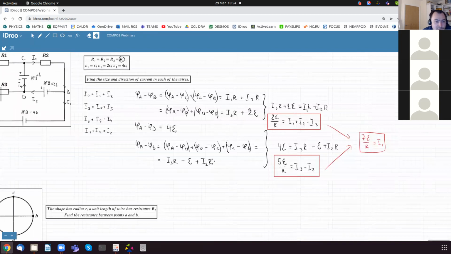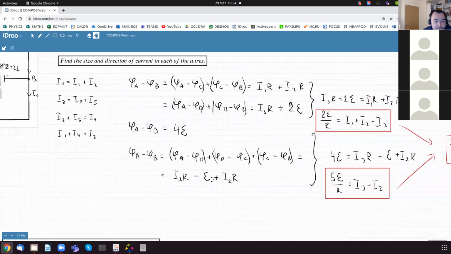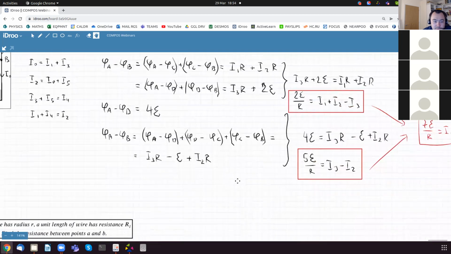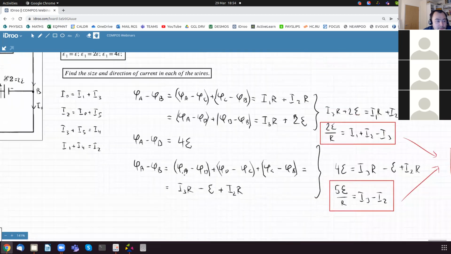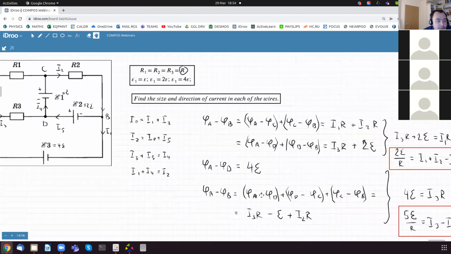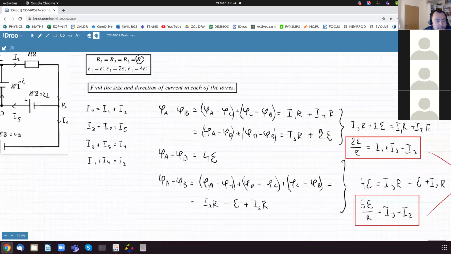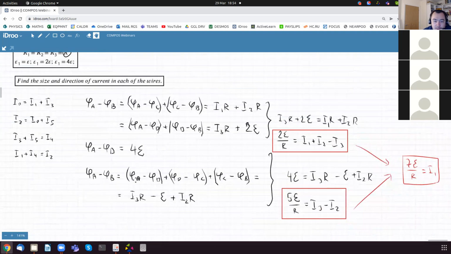Now I can choose, okay, so I found I1. So what can I do now? We just need to find an equation which contains I1 and another one, but only 2 different currents.